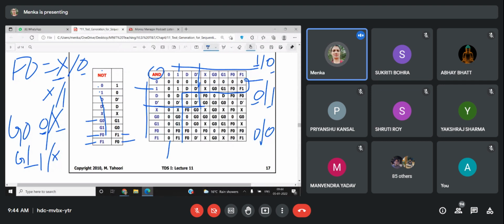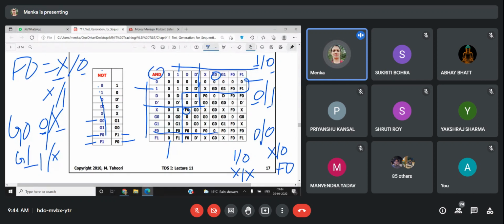D ANDed with X. So D ANDed with X कीजिए आप. D क्या था? This one. X के साथ में AND करना है. So what you are getting? X0. X0 को क्या लिखेंगे हम? F0. Right? So that's what you are getting, F0. And similarly, we can take anything else like G0 ANDed with F0.